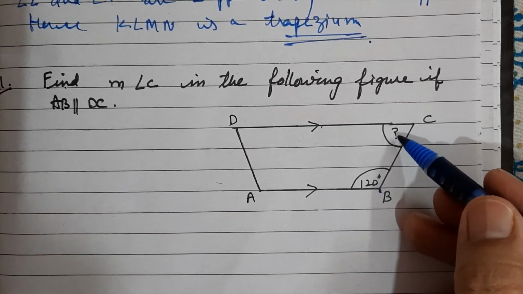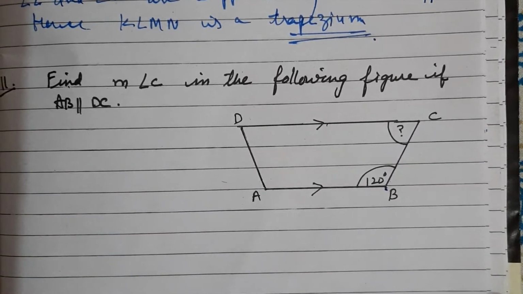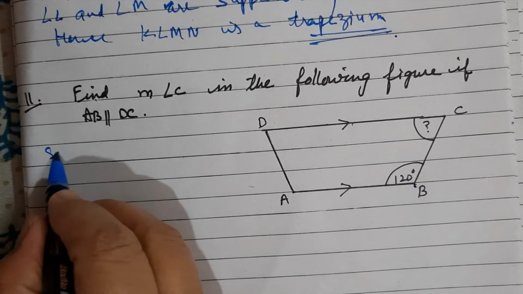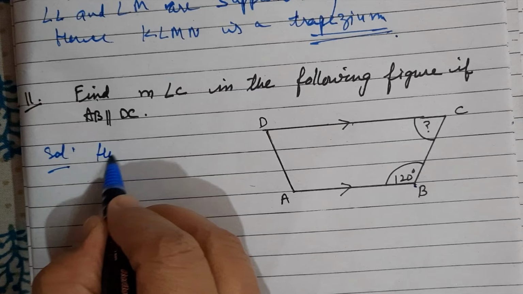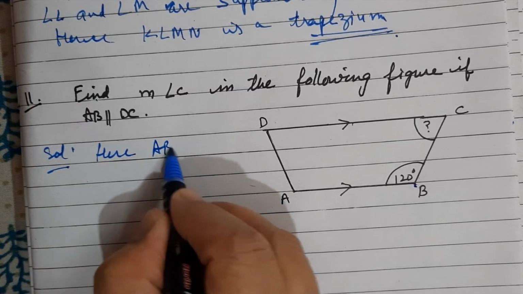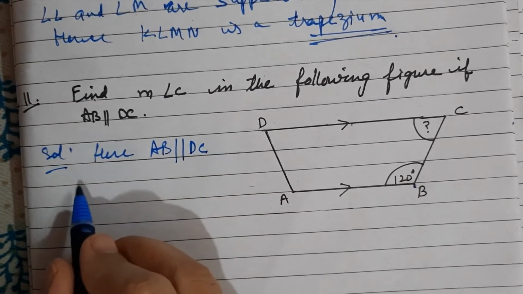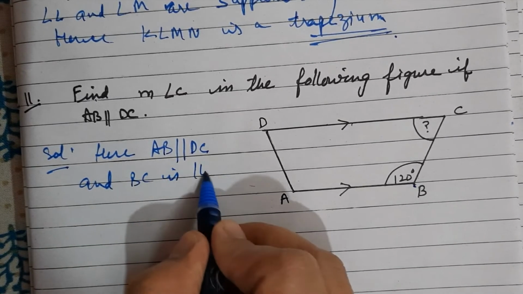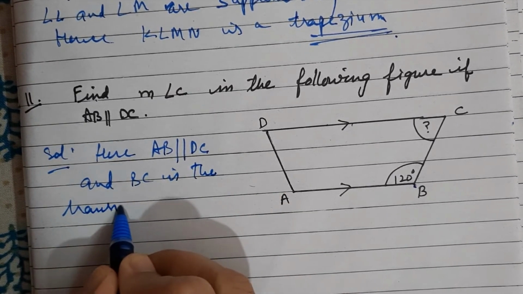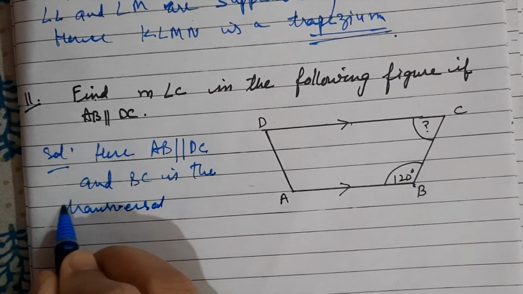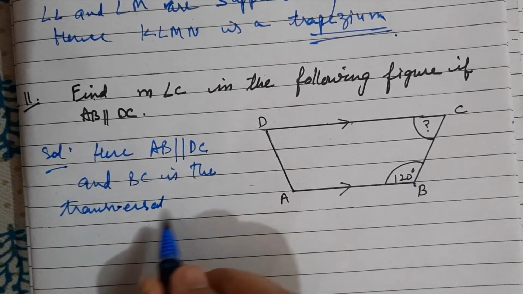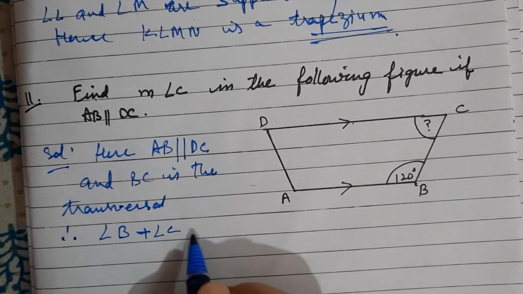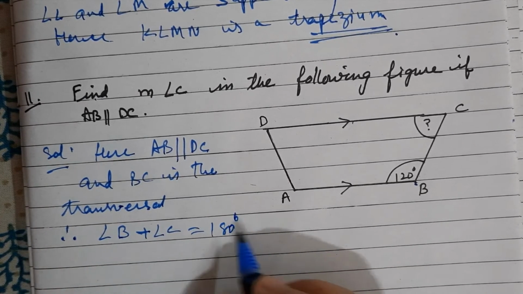We have to find the measure of angle C. Here AB is parallel to DC and BC is the transversal. Therefore, angle B plus angle C is equal to 180 degrees.